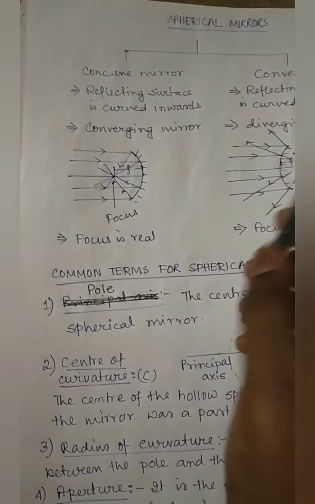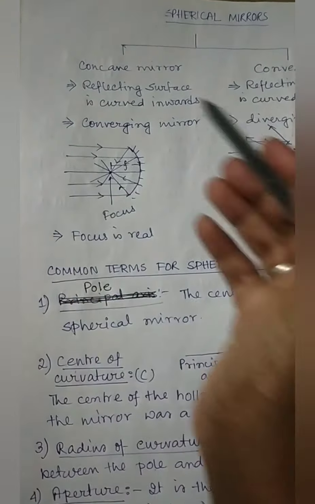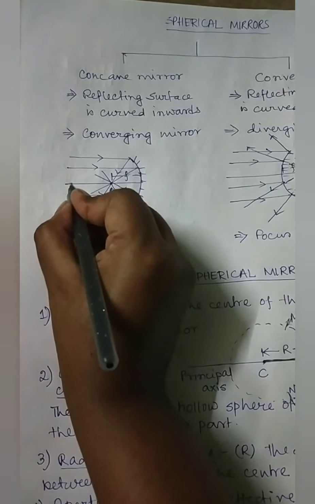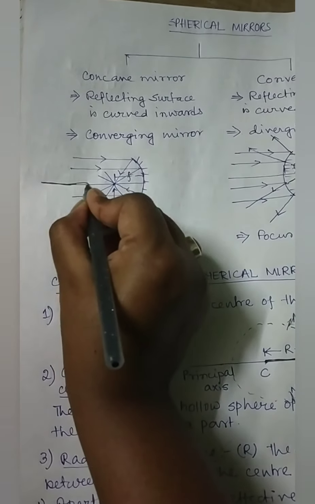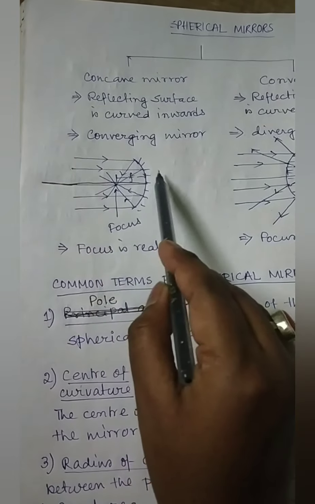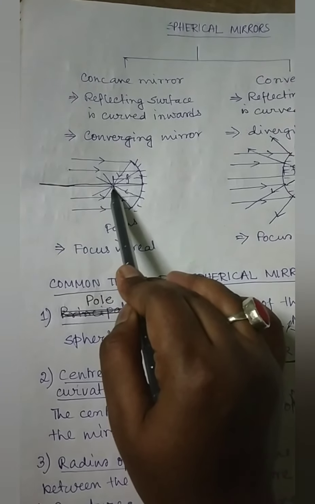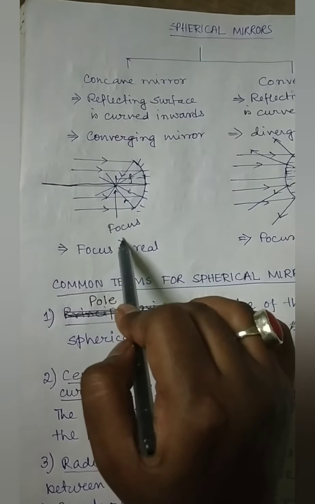We have already seen that when the rays of light come parallel to the principal axis, in this case this line is the principal axis. Now the rays parallel to the principal axis after reflection, the point on the principal axis where they meet is called the focus.